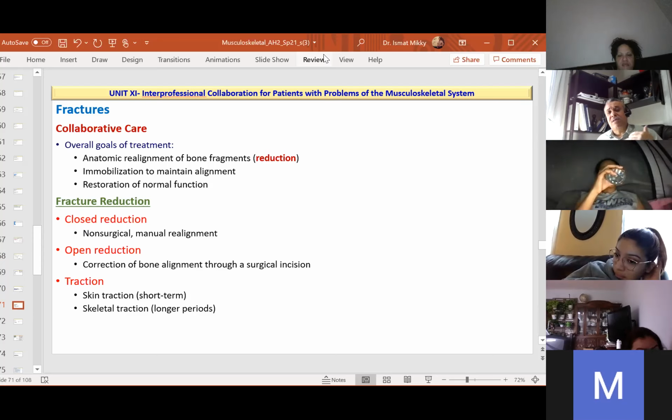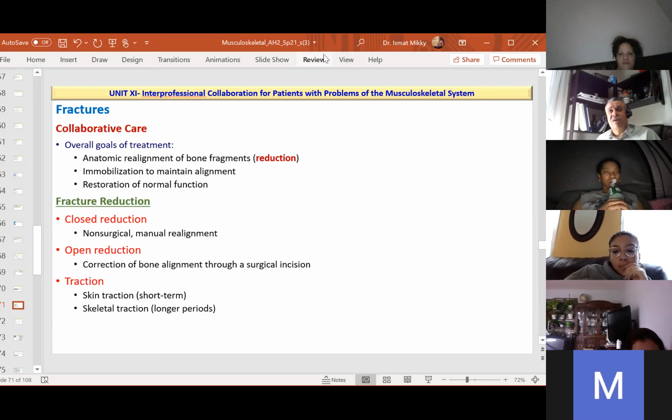The positive factors that promote healing include immobilization. These are terms we are going to use frequently today, like immobilizing the joint, immobilizing the fractured bone, to make it stationary and to stay in its normal anatomic position and prevent displacement of the fractured bone.